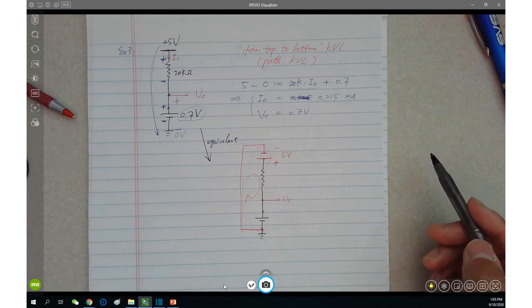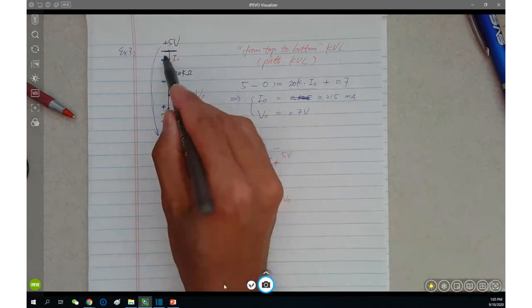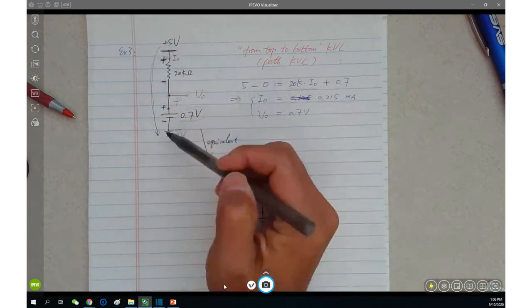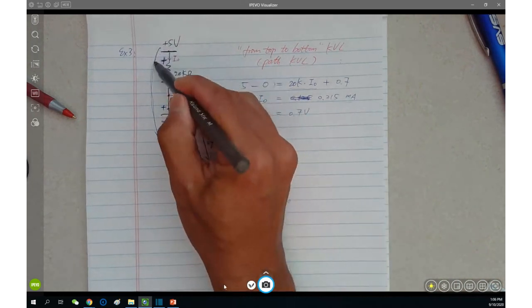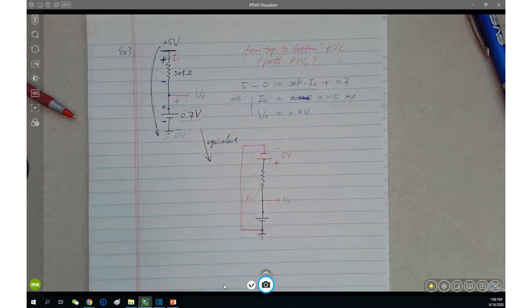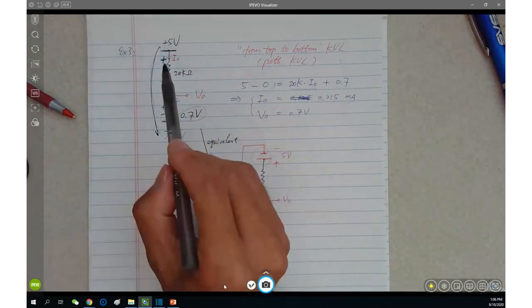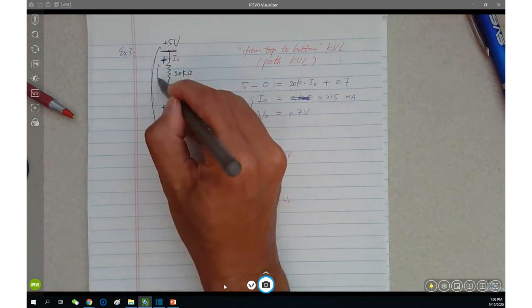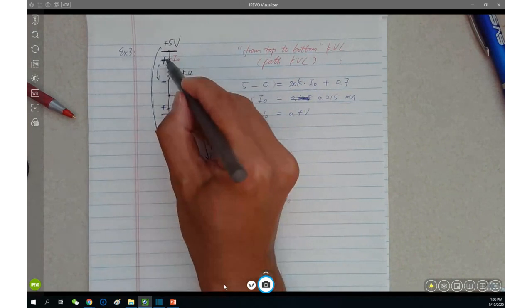And of course, be very careful. The polarity is very important. Since you are using 5 minus 0, the voltage drop is from top to bottom, downwards. Following the same direction, the voltage drop through 20 kilo ohm must be downwards as well. Therefore, we have polarity like this.